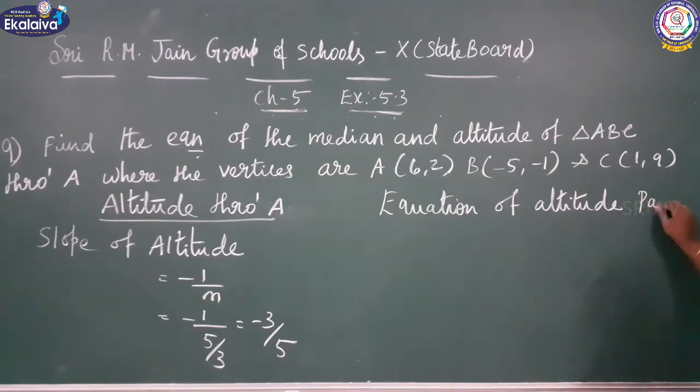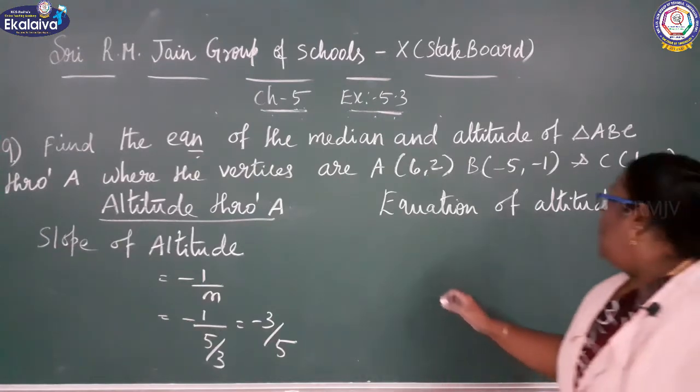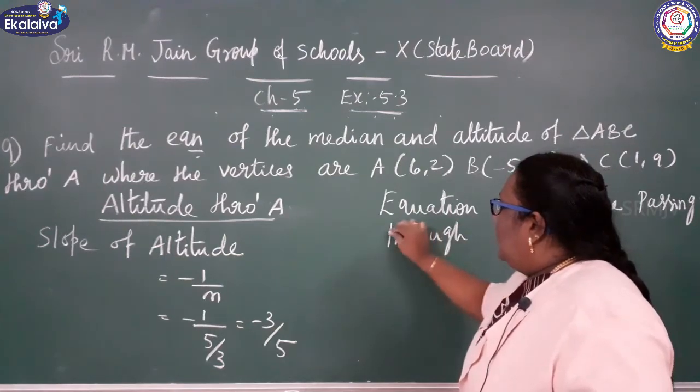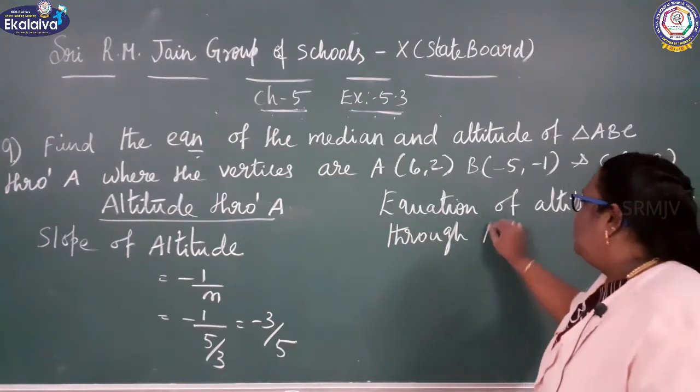Equation of altitude passing through A. A point is 6, 2.